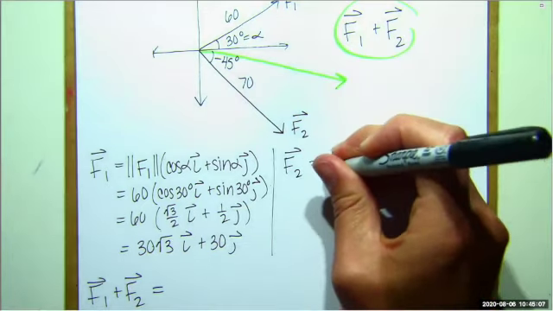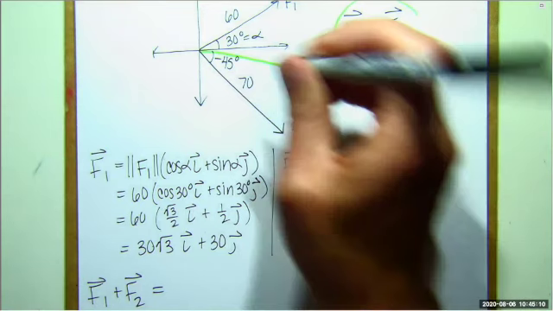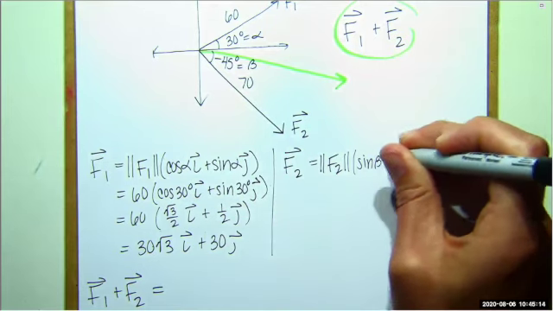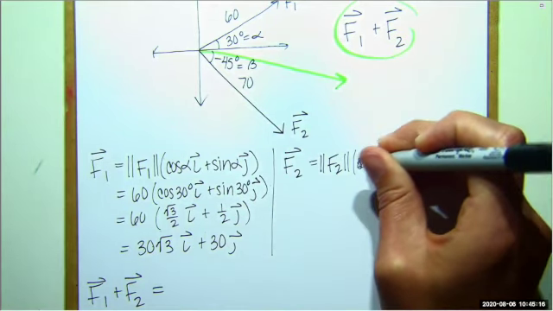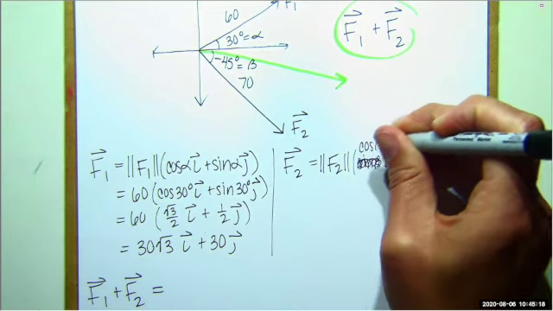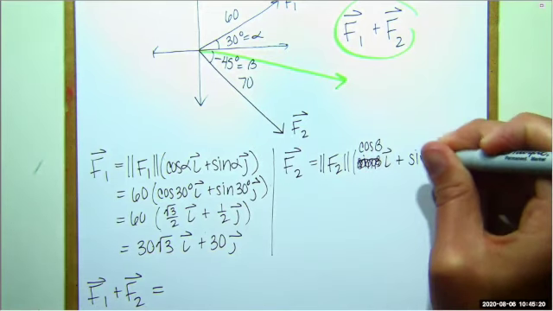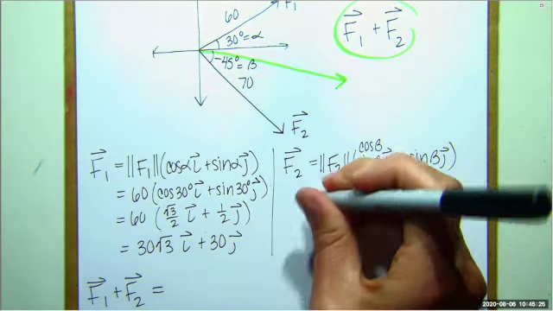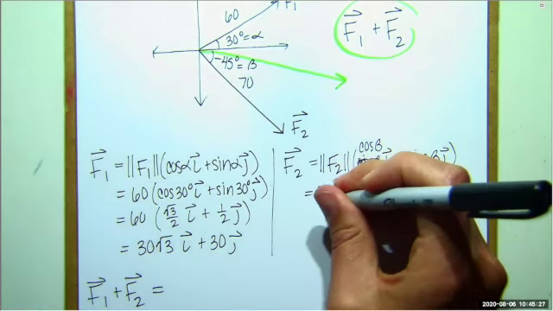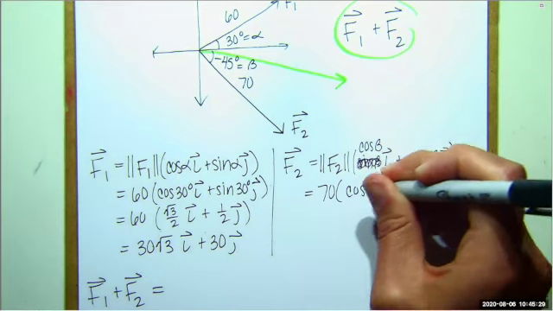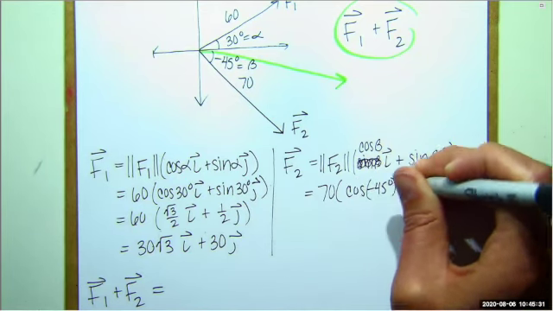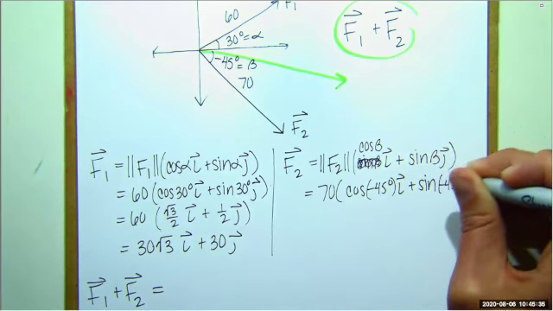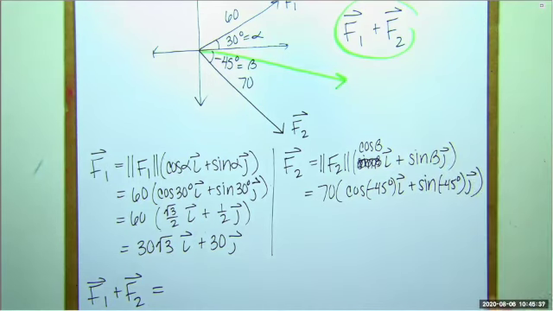So force 2 is equal to the magnitude of force 2, I'll call this beta, times sine of beta i, I'm sorry, I wrote this backwards, cosine of beta i plus sine of beta j. So we got 70 times cosine of negative 45 i plus sine of negative 45 j.